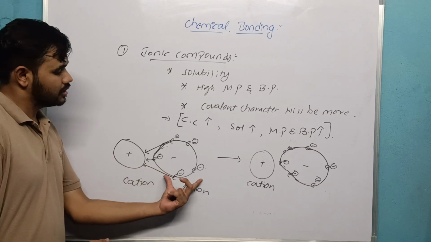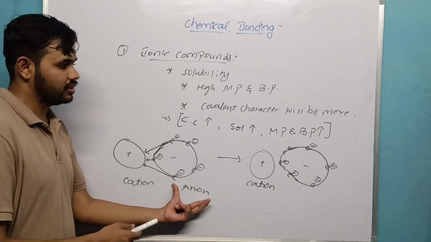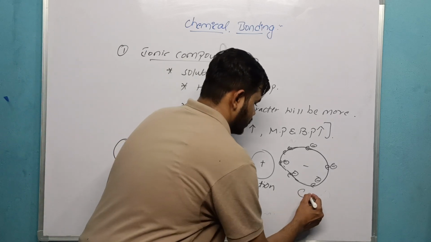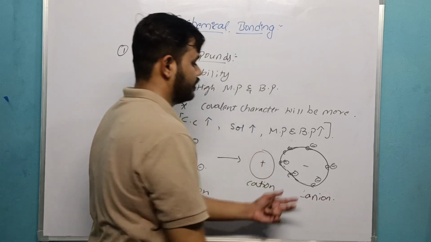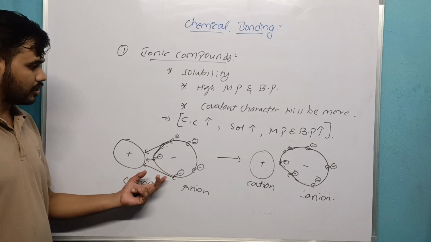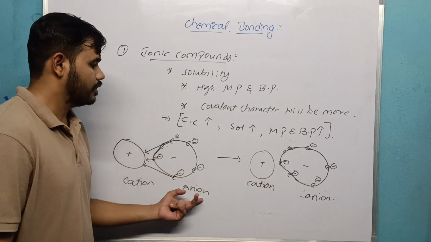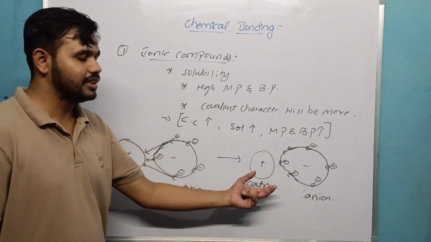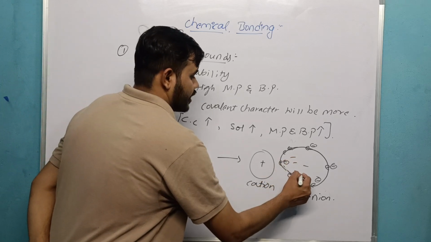It means the anion shape has now been changed. I have written here anion. Here the cation is trying to attract the electrons present on the anion, so the shape of the anion will be deformed, means it will be changed.